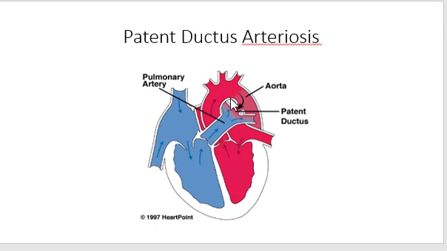And so as the systemic pressure, or your blood pressure systemically, comes to exceed the pulmonary pressures, blood begins to shunt from the aorta across the duct to the pulmonary artery in a left to right shunt. The additional blood is recirculated through the lungs and returned to the left atrium and the left ventricle.